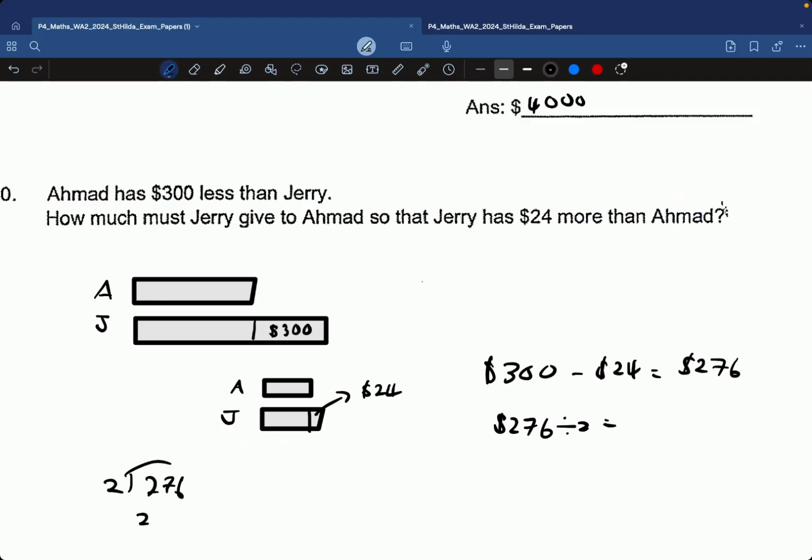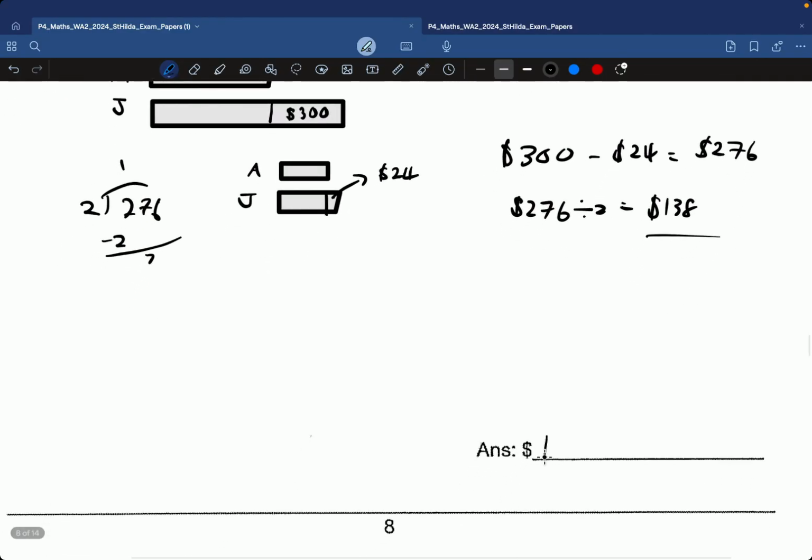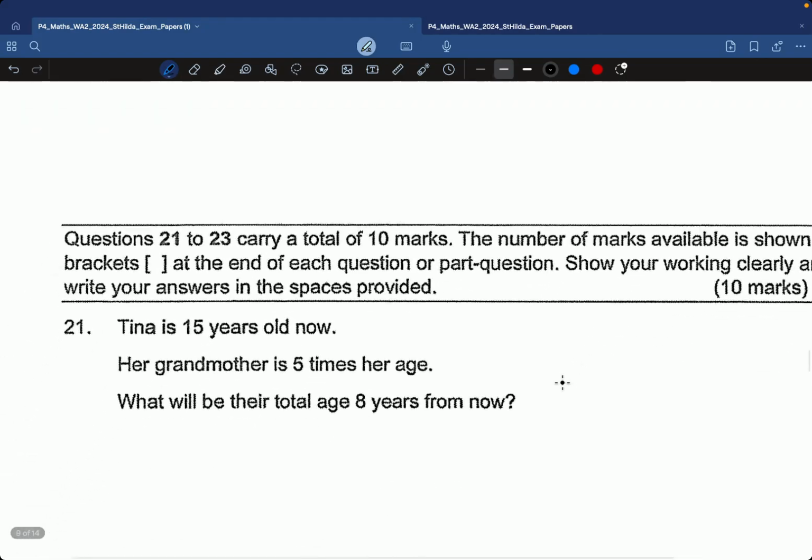If you can use the calculator, please do it. But the answer with mental calculations is $138, right? So the answer is 138 for Jerry to give Ahmad so that we can get $24 of a difference. So 138. Okay, let's move on to the next question.